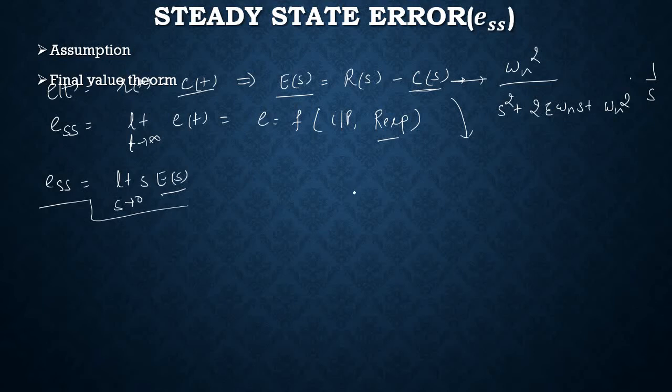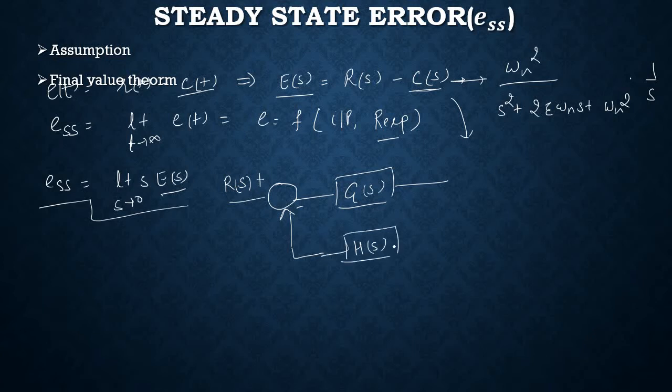Suppose there is a system whose plant transfer function is given by G(s), and this is a reference command R(s), then this is the feedback, and this is the response of the system here. So here we get the error, and this is the feedback signal.